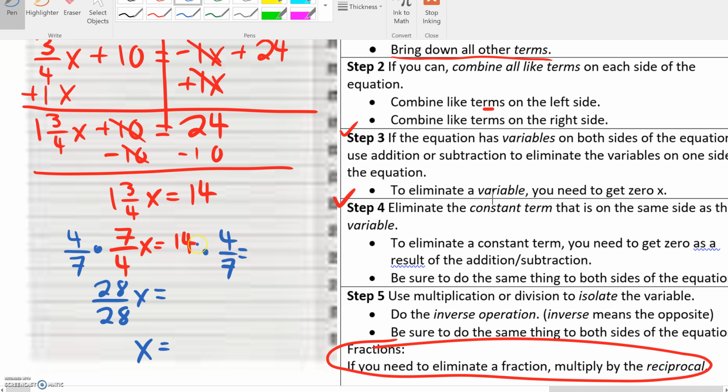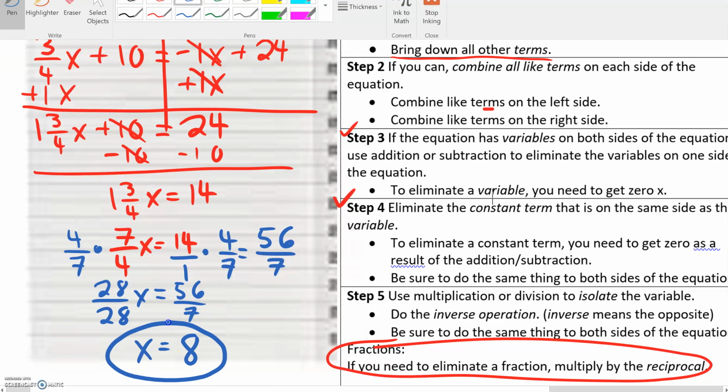And over here, I would get 14 times 4. And by the way, 14 is really 14/1, 14 wholes. So 14 times 4 is 56, and 1 times 7 is 7. So I've got 56 sevenths, and 56 divided by 7 is 8.